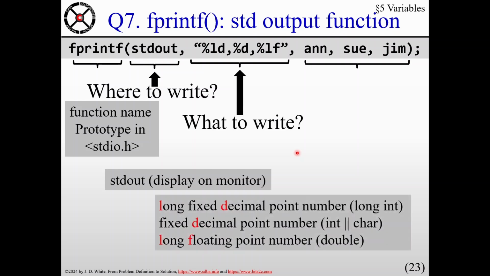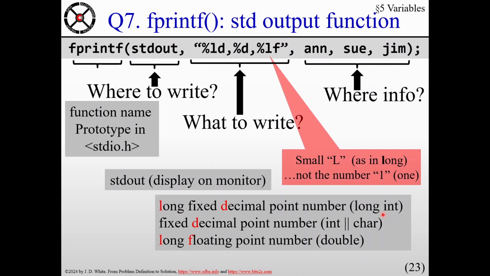Then we have what to write: a long fixed decimal point number, a fixed decimal point number, it can be an integer or char, or a long floating point number, double, and where the information we're going to find it. Please note, small l as in long, not the number 1. This is a common mistake, typing 1 and not l, and it's hard to find.